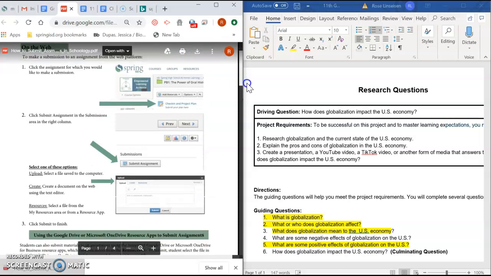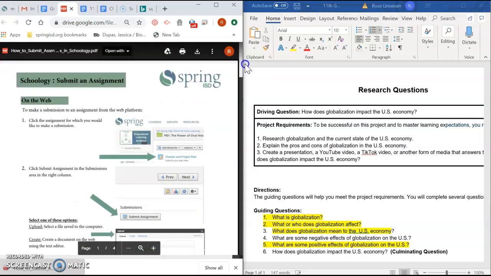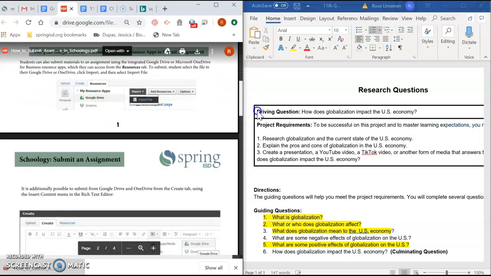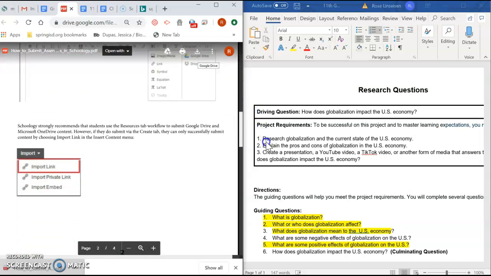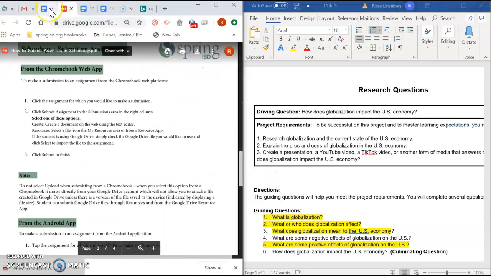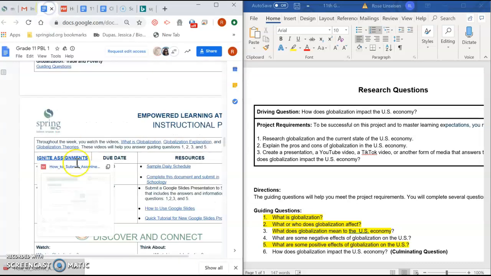This is how to submit an assignment. If you need some help with that, just go ahead and look over this. If you are still struggling with getting into Schoology, please let me know and I can hopefully work through that with you or get somebody who can help you. All right, so that's just how you turn in your assignments. Let me get off of that.